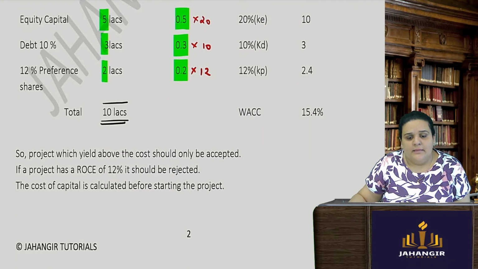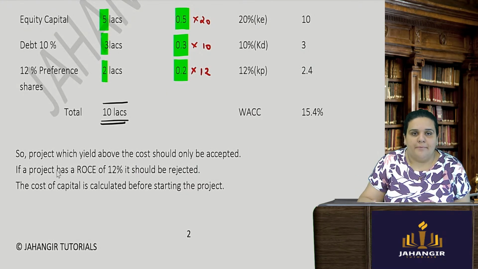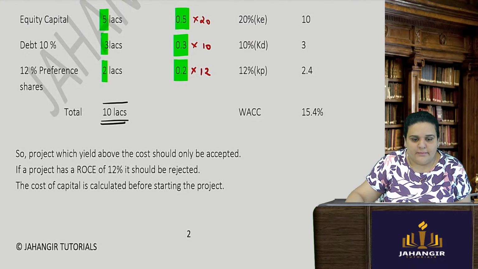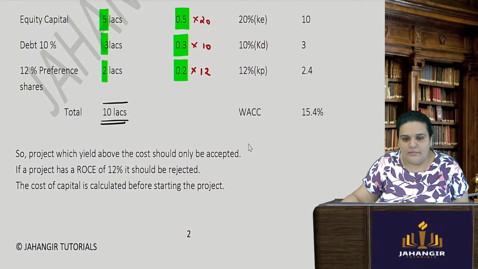They are saying that if the project will yield above the cost, it should be accepted. So the return on my project, return on capital employed, return on investment, these are all very important words.